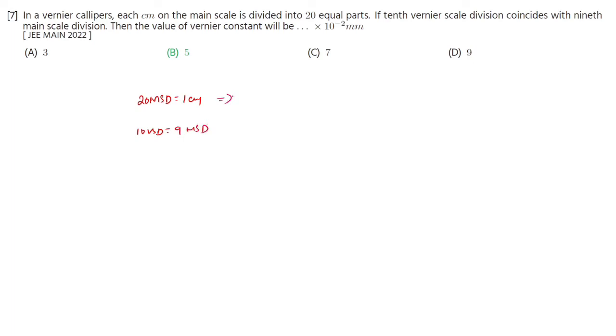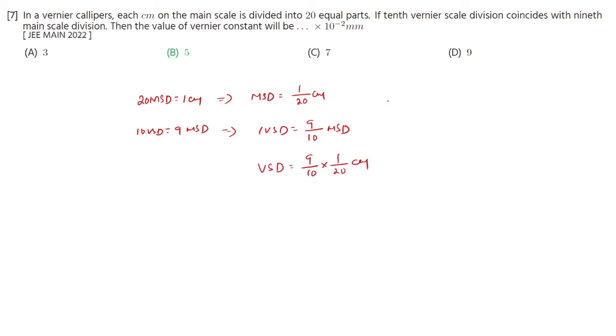So from the first line we can write main scale division as 1 by 20 centimeter, children. See, from this second line, 1 vernier scale division we can calculate as 9 by 10 main scale divisions. 1 main scale division is nothing but 1 by 20 centimeter, no? So VSD is equal to 9 by 10 into 1 by 20 centimeters we can write.